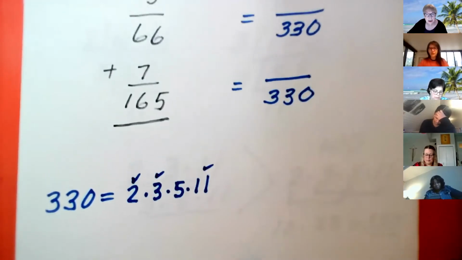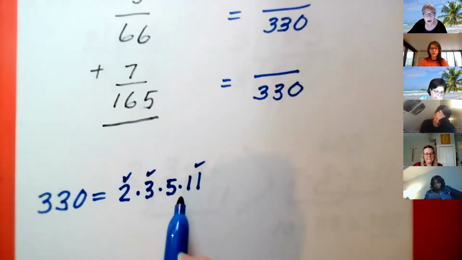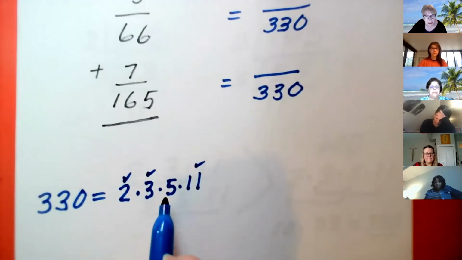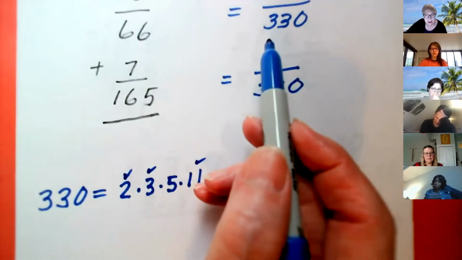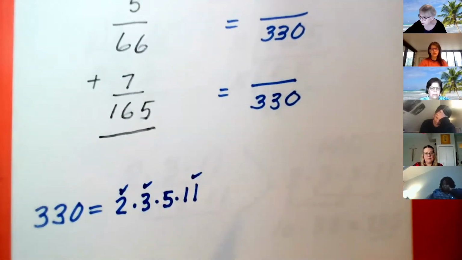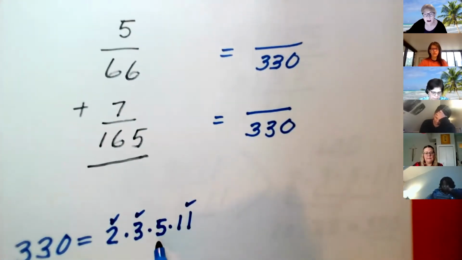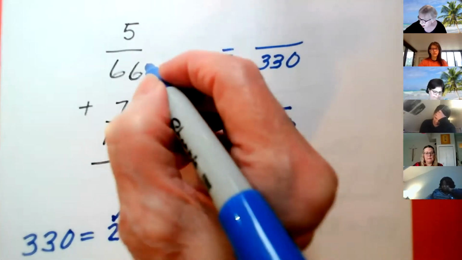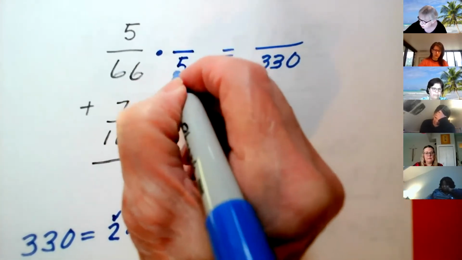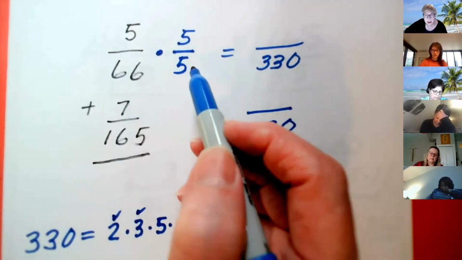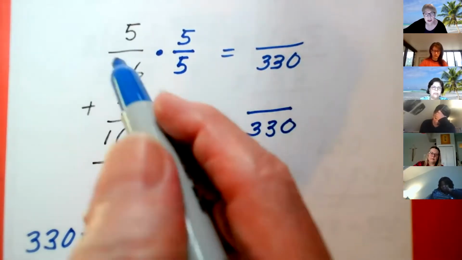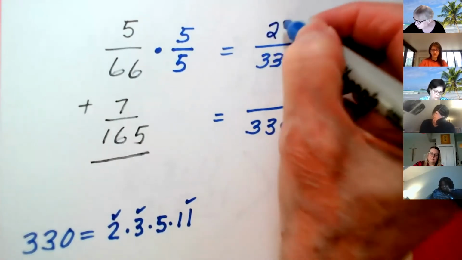That means to get the full 330, we have to supply the missing factor. Now, I could take 66 and divide it into 330, and I would get the number 5, because that's the missing factor. But this makes it easier to just say, okay, I need a 5. And if you don't believe it, 66 times 5 is 330. Life is good. 5 times 5 is 25.